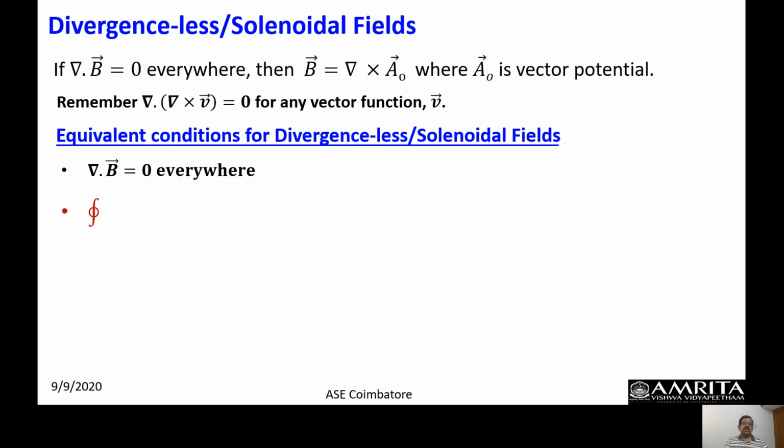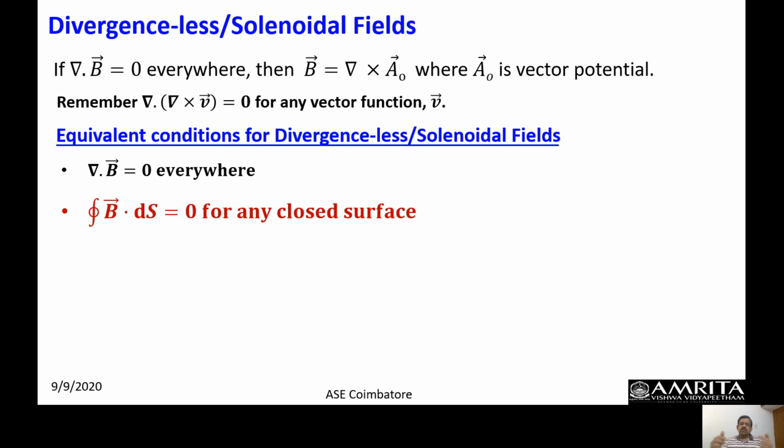The circle represents the closed surface, and this is the flux of the vector function. If del dot B is 0, then the integral of B dot ds over any closed surface is 0, by the divergence theorem. Now, the divergence theorem uses a surface integral, and the left hand side of the curl theorem also uses a surface integral.